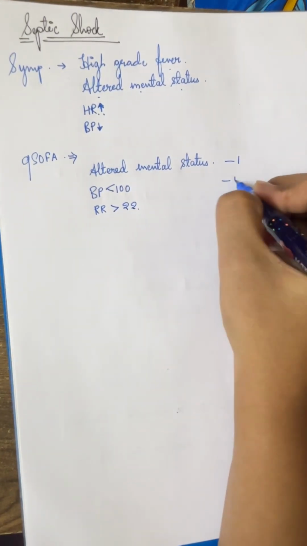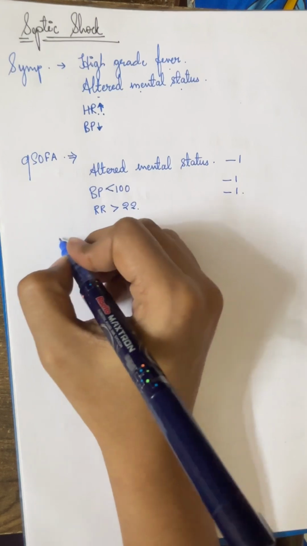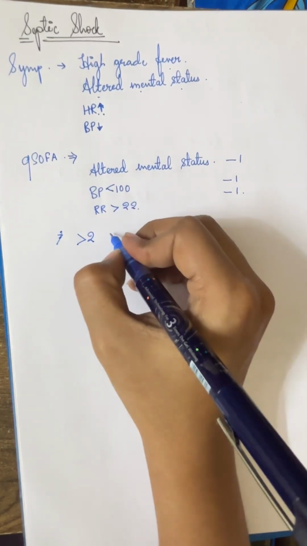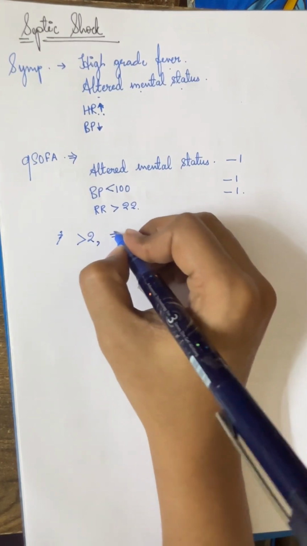Each one has one score. If the score is greater than 2, the outcome is poor.